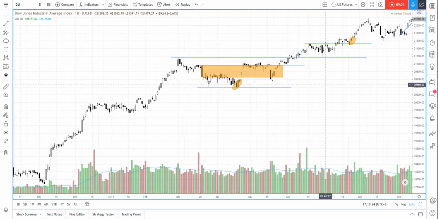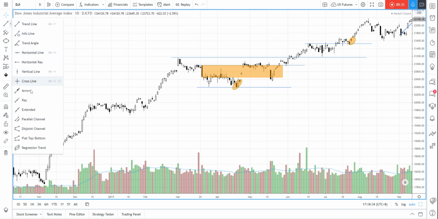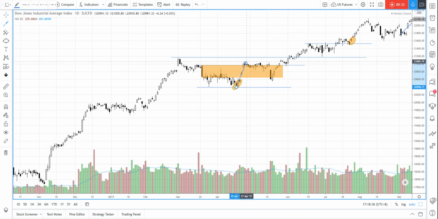You can see that within this range, or even this range here, there is a small, short swing, like from here to here. There's one swing that you can trade. If we buy here and we sell there, that means we completed a swing. And here is probably another swing.